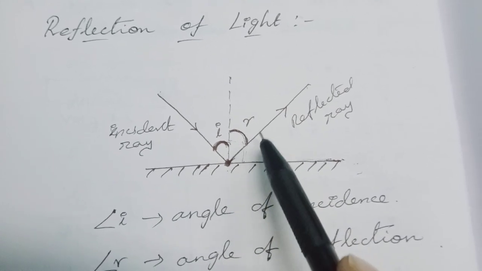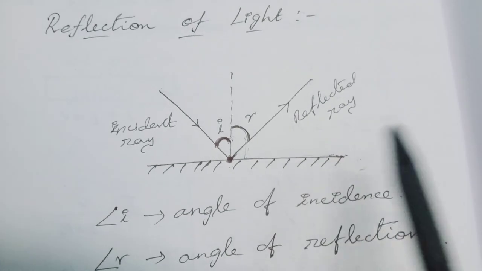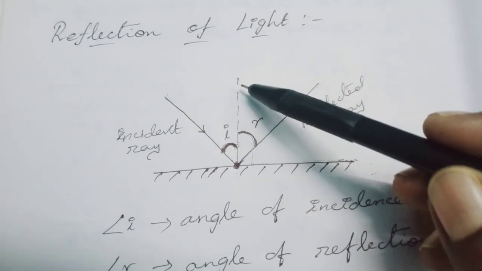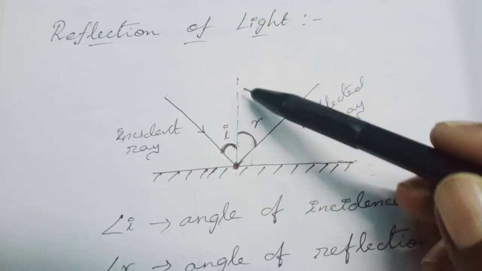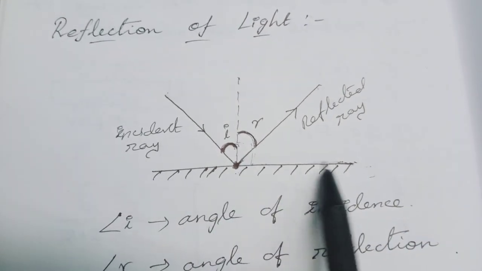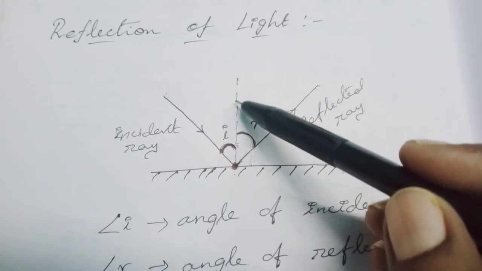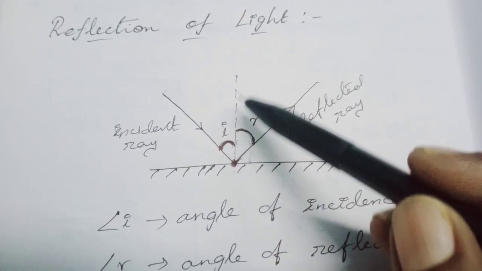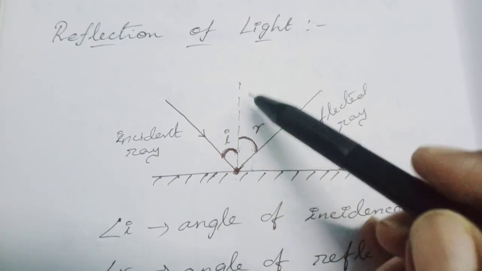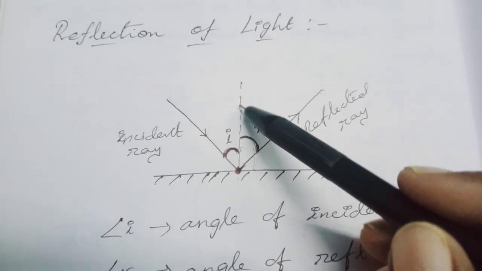Now, to find out the angle at which the ray is incident on the plane mirror and the angle at which the ray gets reflected, we have to draw the normal. What is the normal line? The line which is perpendicular to the plane surface. This is an imaginary line which we draw, denoted by dotted lines.